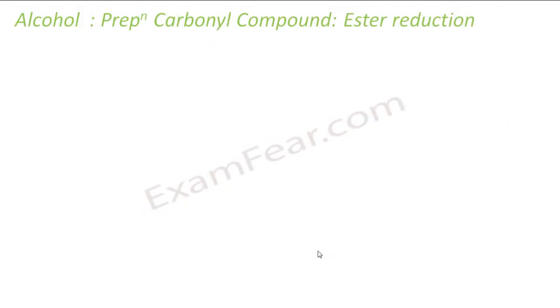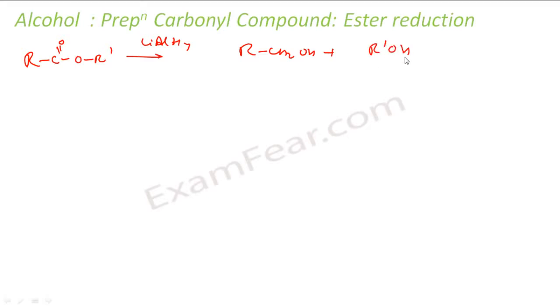Correct. So the next is ester reduction. So we are reducing ester here. RCOOR dash. Again, to reduce, we'll use the same reagent, LiAlH4. What you get is RCH2OH plus R dash OH.